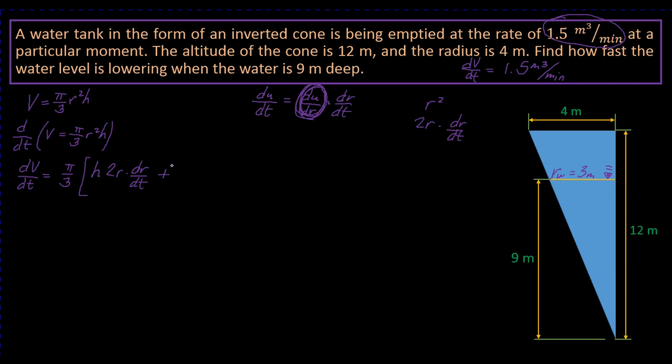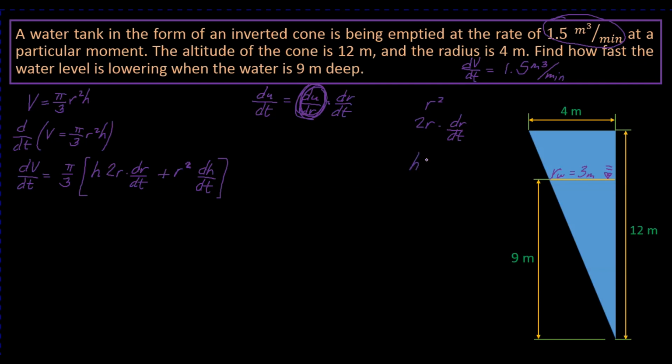And then plus the other term, wherein we treat r squared as the constant and h as the variable that we want to differentiate. So dh over dt.